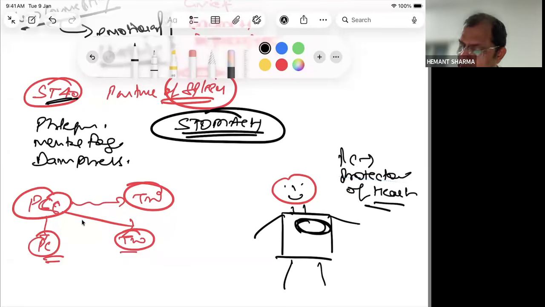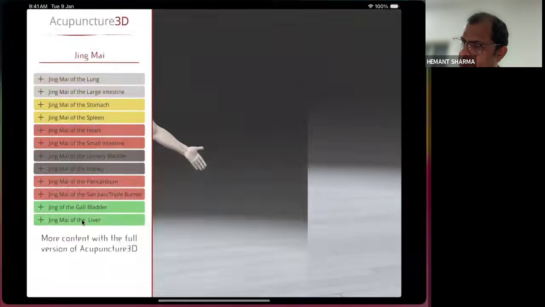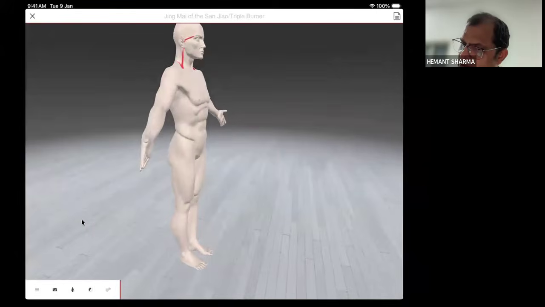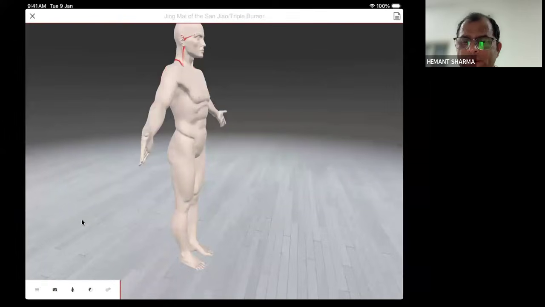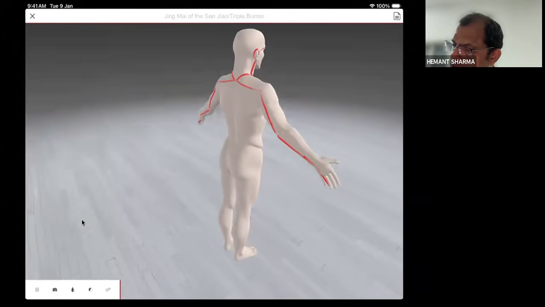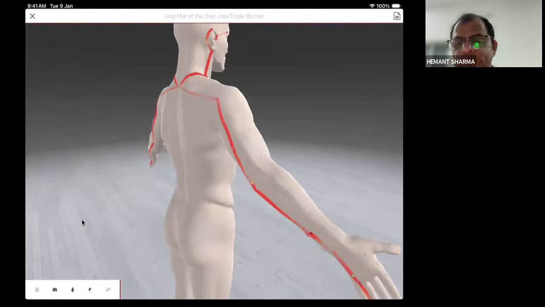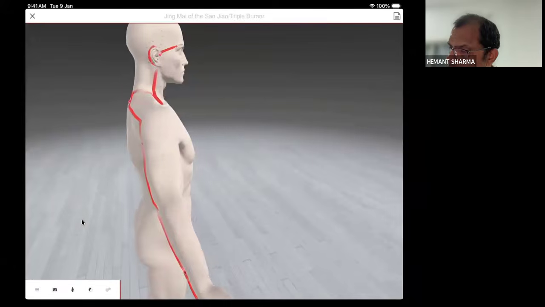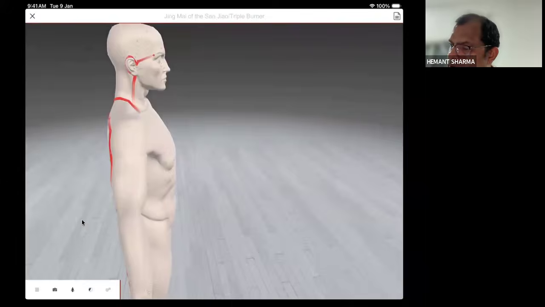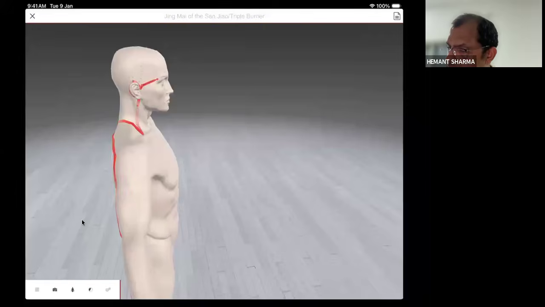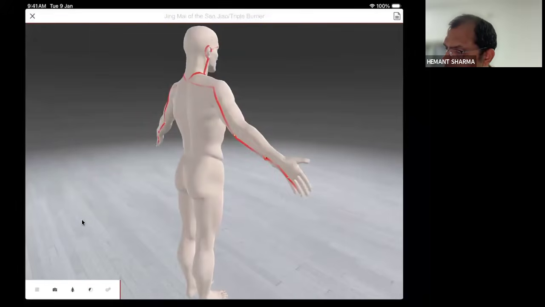So pericardium will work on the triple warmer. Just take one example. The triple warmer meridian crossing this area, like crossing the shoulder, the side of the neck. Triple warmer meridian crossing the ear. The triple warmer meridian crossing the arm.